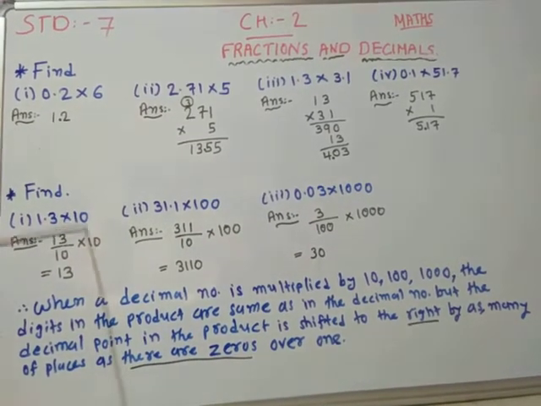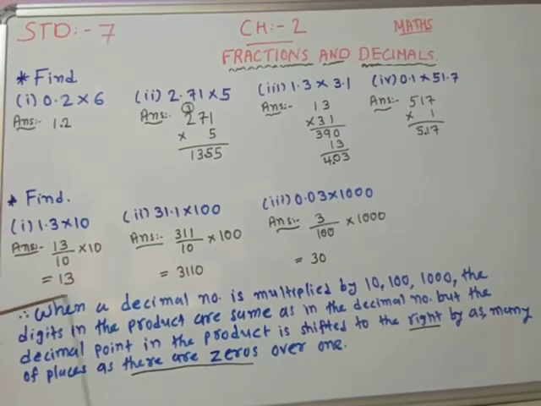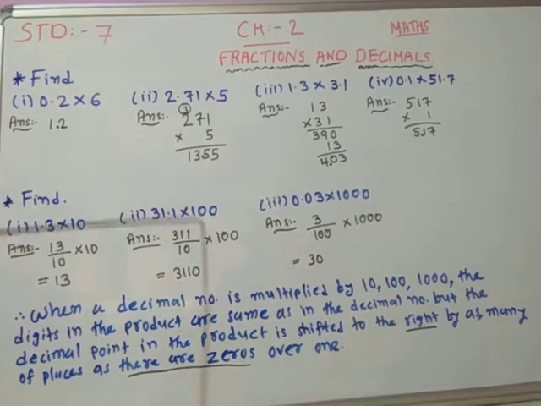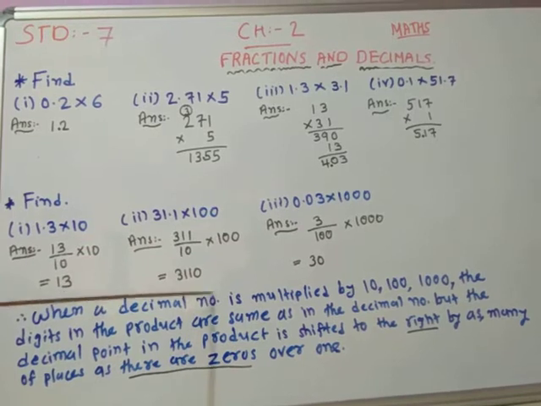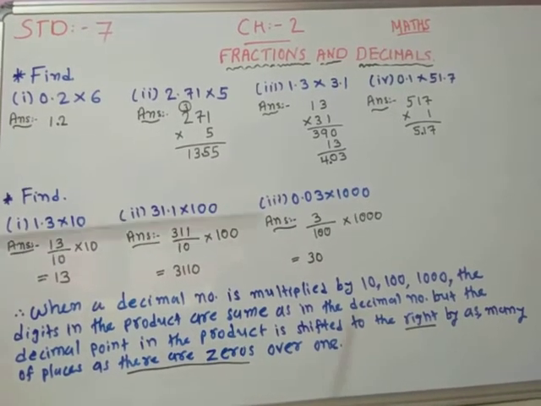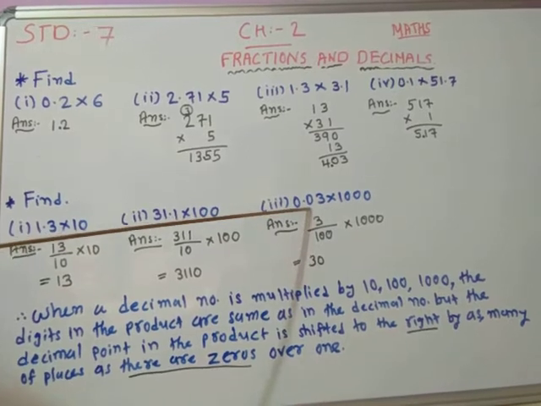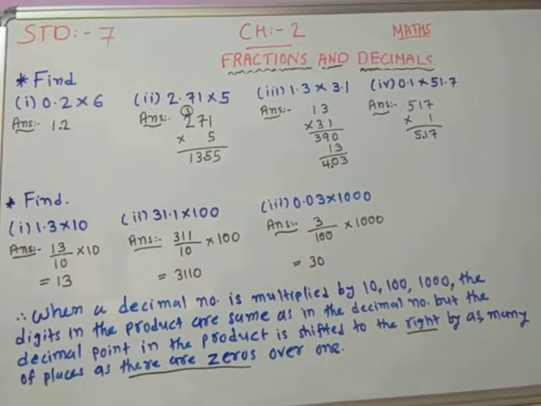Meaning if there is one 0, then the decimal point shifts 1 place to the right hand side. So it's 13. Similarly here 2 zeros, so the decimal point shifts 2 places to the right hand side. So it's your answer. Similarly there are 3 zeros, so the decimal point shifts 3 digits to the right hand side. So your answer is 30.